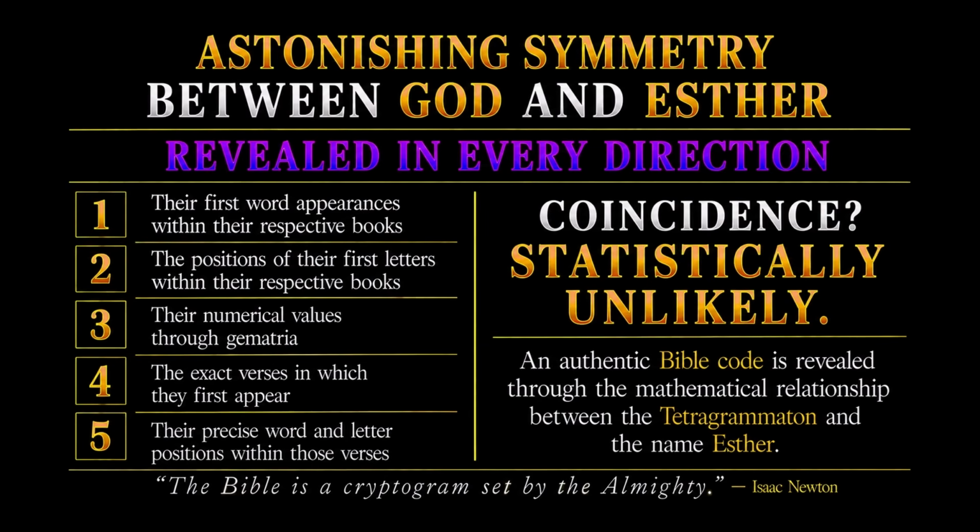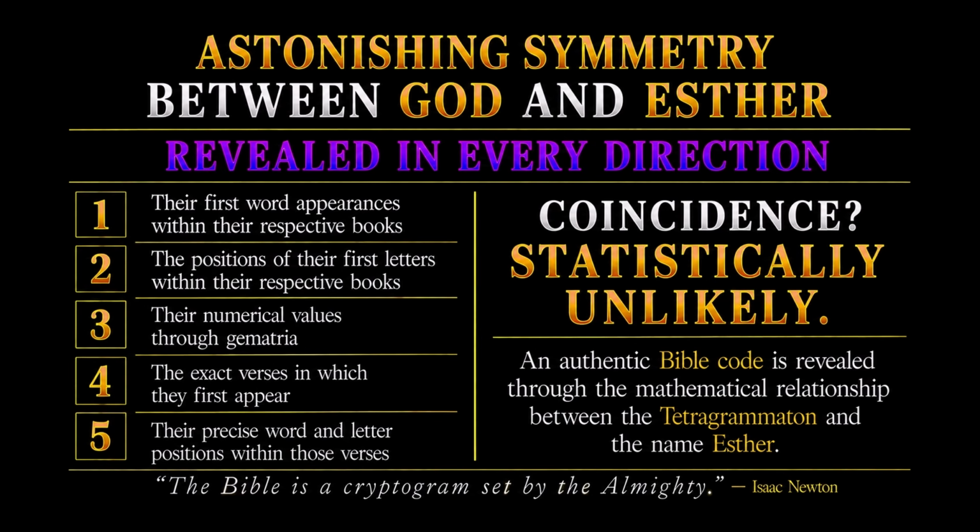As presented in this video, the remarkable symmetry between the first appearance of God's name and Esther's name is revealed in every direction, including their first word appearances within their respective books, the positions of their first letters within their respective books, their numerical values through gematria, the exact verses in which they first appear, and their precise word and letter positions within those verses.